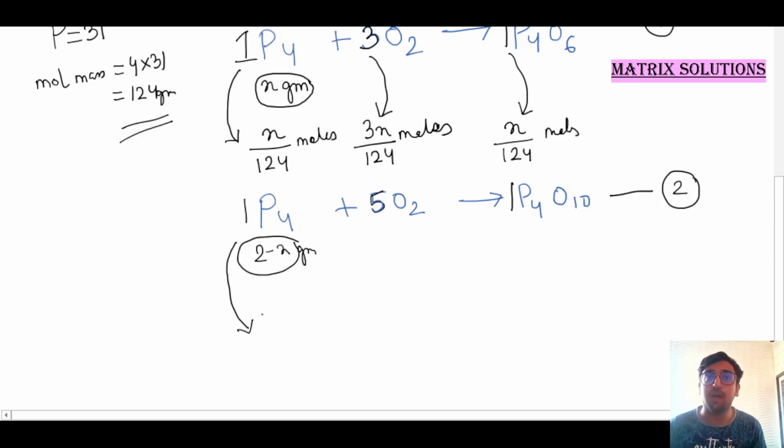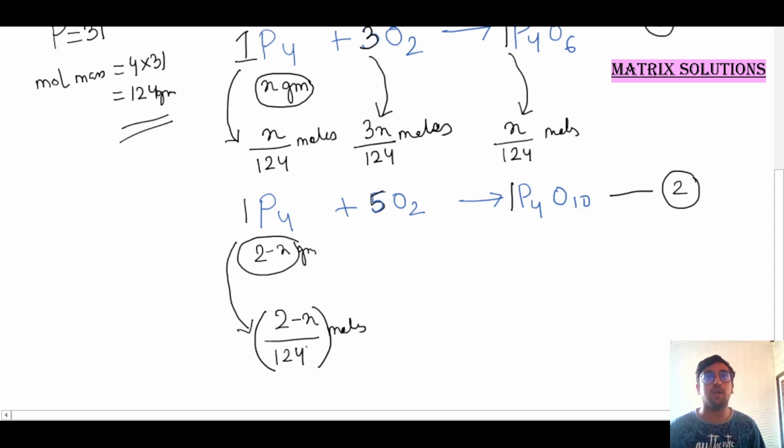The amount of gram given divided by 124 will be your amount of moles. Simple, nothing more. If 2 minus x gram is used, then the amount of moles used is 2 minus x divided by 124 moles.